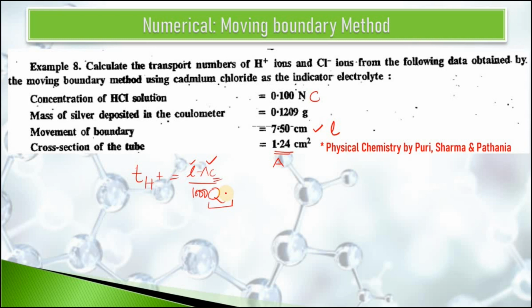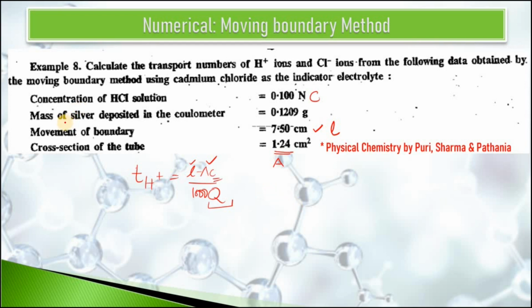If you remember the lecture, Q or the total amount of electricity passed through the solution is measured or determined with the help of a coulometer. A coulometer is an instrument that works on the second law of electrolysis. It says that 1 gram equivalent of any ion carries 1 Faraday of charge.